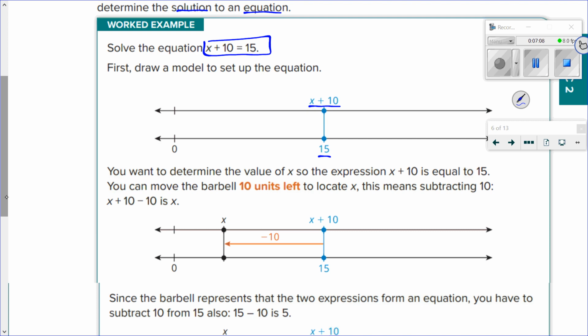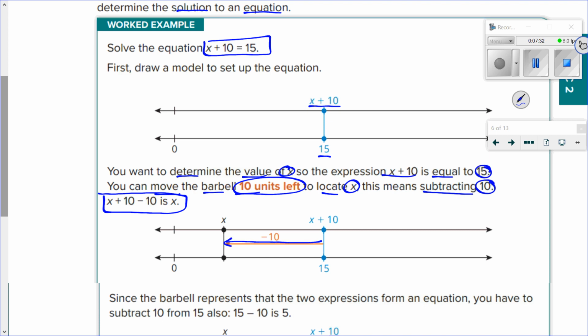Now, to determine the value of x so that it is equal to 15, we can move the barbell 10 units left to find where x is. That means we subtract 10. Why? Because I'm going to the left. So x plus 10 minus 10 is x. If I move the entire barbell by 10 spaces, I've gotten rid of the plus 10, which leaves just x.